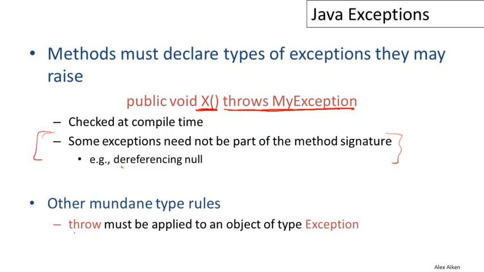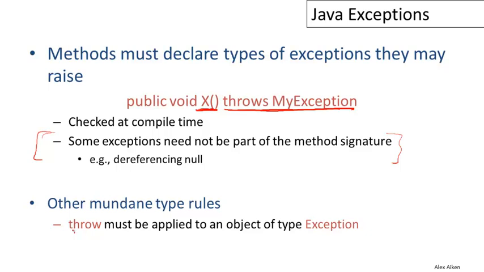So things like dereferencing null or integer overflow don't have to be handled and declared in the interface. But for the most part, any exception that a method can raise has to be declared as part of its interface in Java.